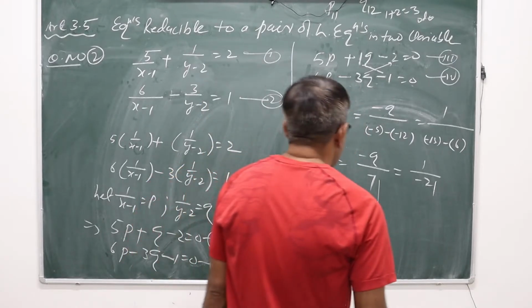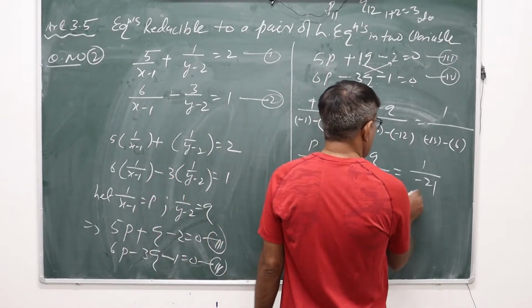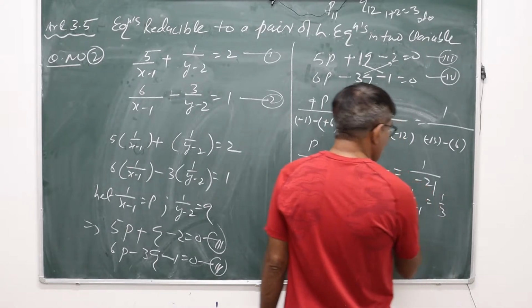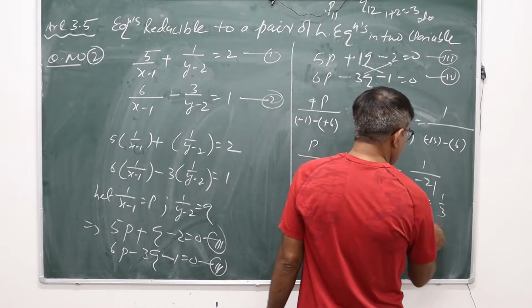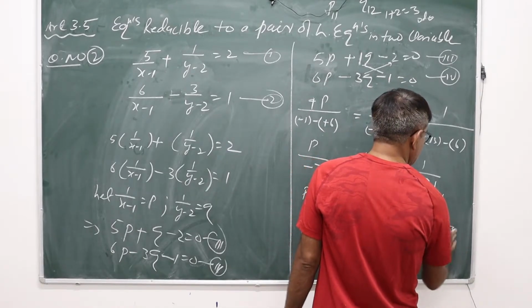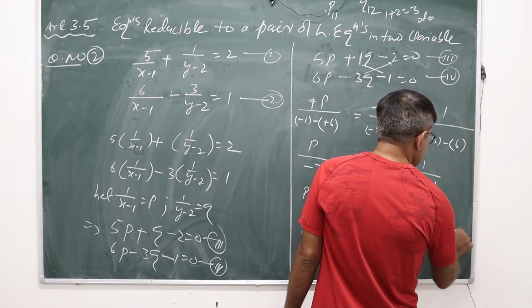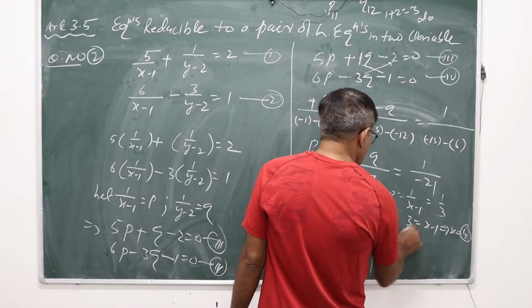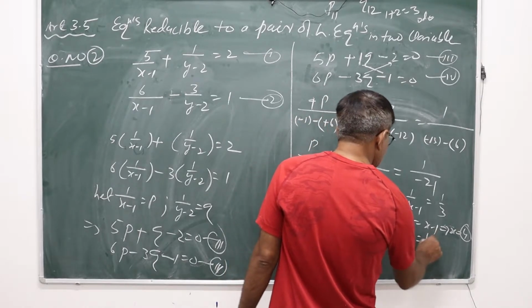Now what is p equal to? p was equal to 1 upon x minus 1 is equal to 1 upon 3. Cross multiplying, 3 equals x minus 1, which implies x equals 3 plus 1, that is 4. And q was 1 upon y minus 1, that is 1 upon 3.